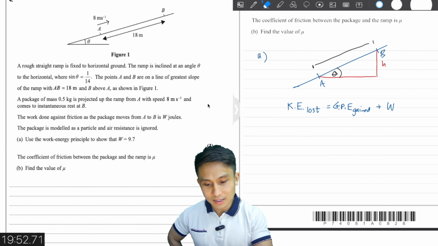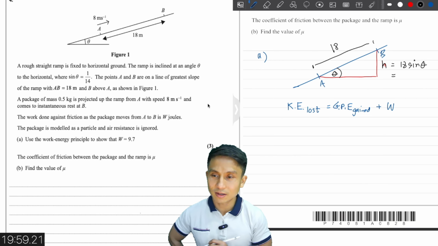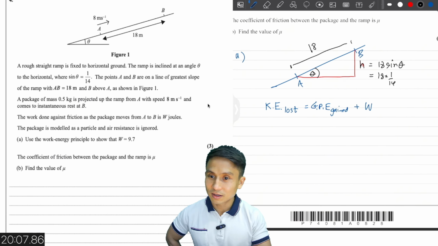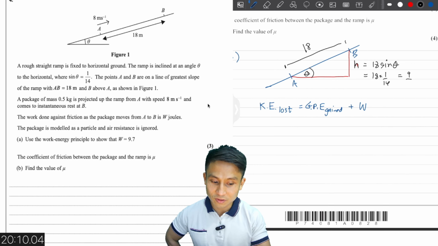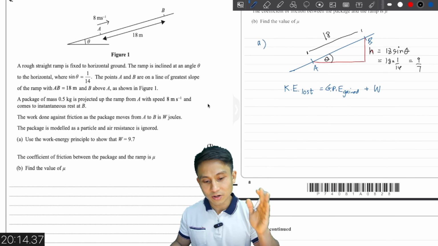So the height here would be 18 sine theta, which is 18 times 1 over 14. Simplifying to 9 over 7, the height change is 9 over 7.